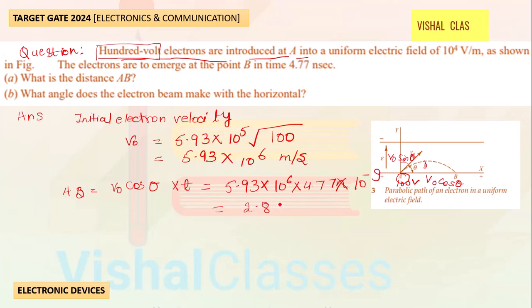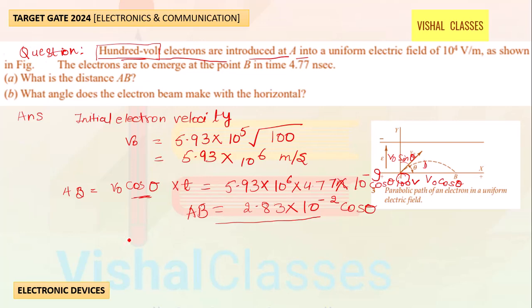If you calculate exactly, it comes out to be 2.83 into 10 raised to power minus 2 cos theta. So distance AB is 2.83 into 10 raised to power minus 2 cos theta.